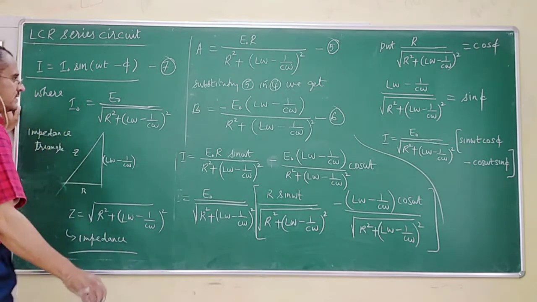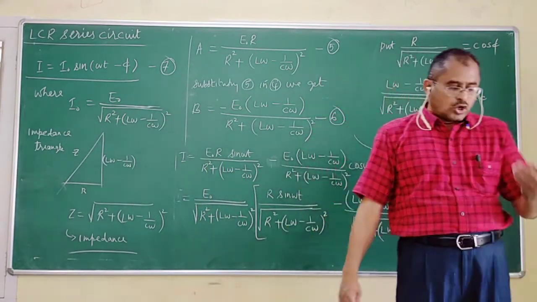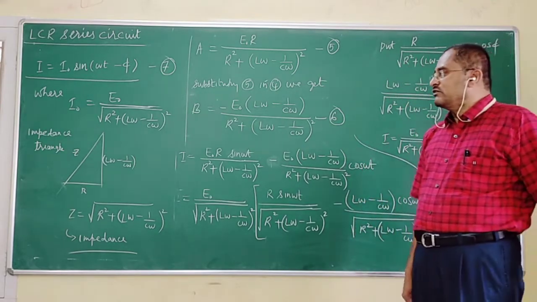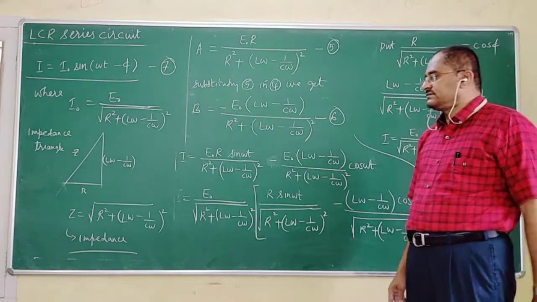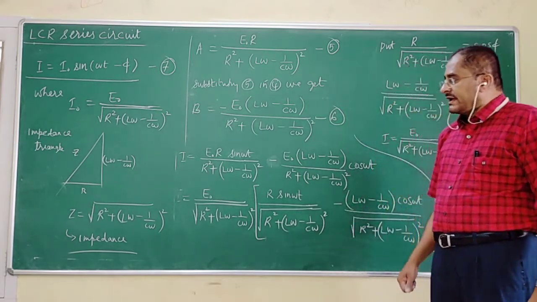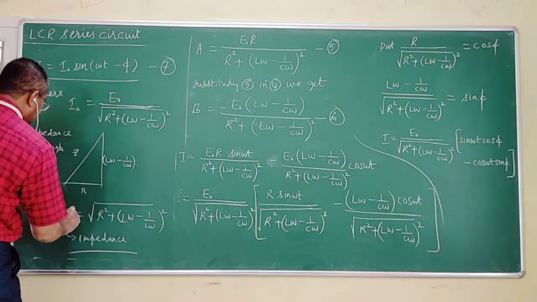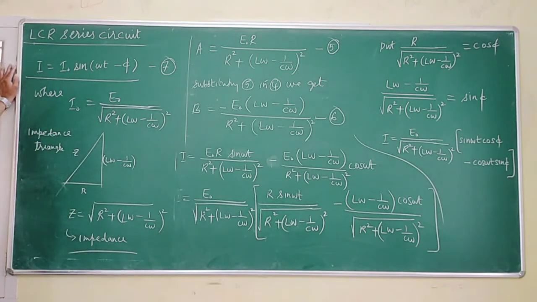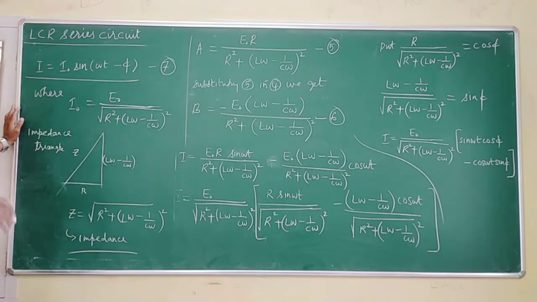Impedance here means the effective opposition offered to the flow of alternating current by a circuit comprising of R, L and C. I repeat, impedance Z is nothing but the effective opposition offered to the flow of alternating current by a circuit comprising of R, L and C.